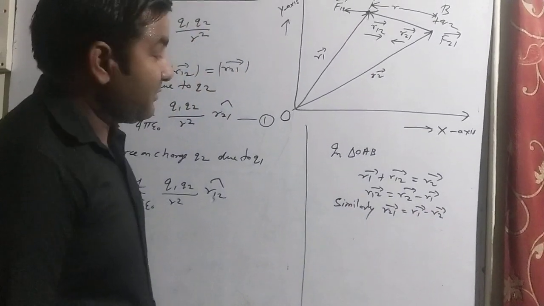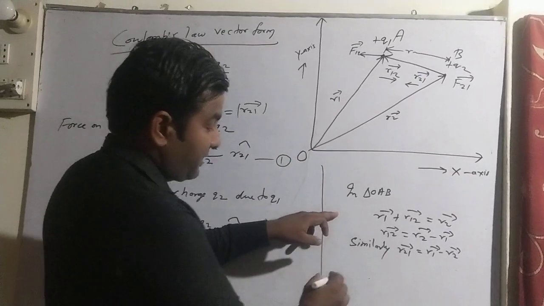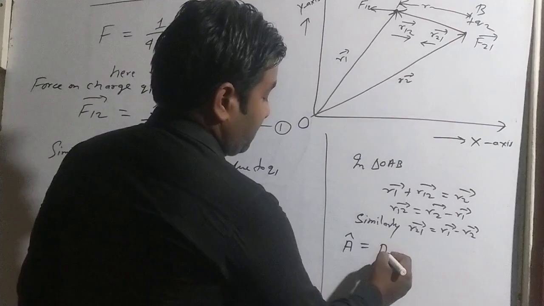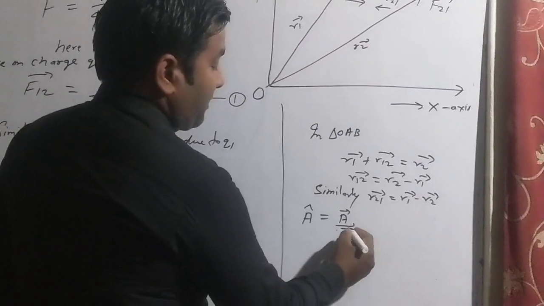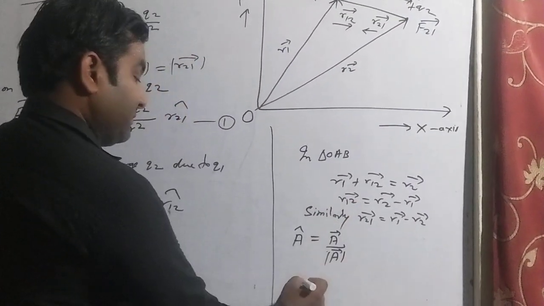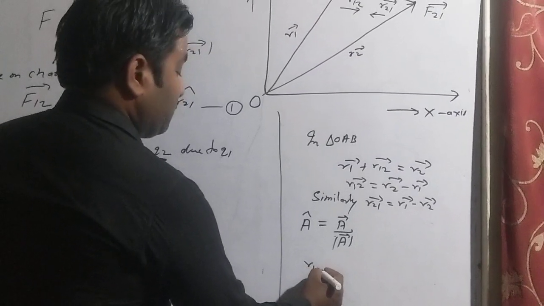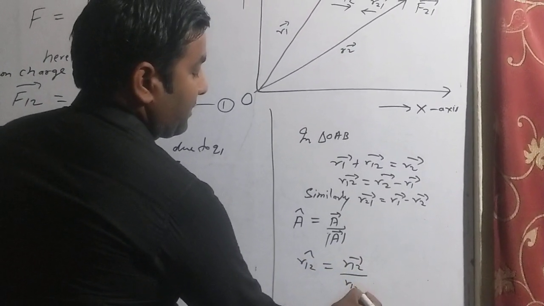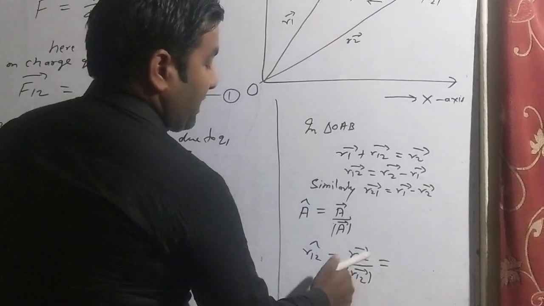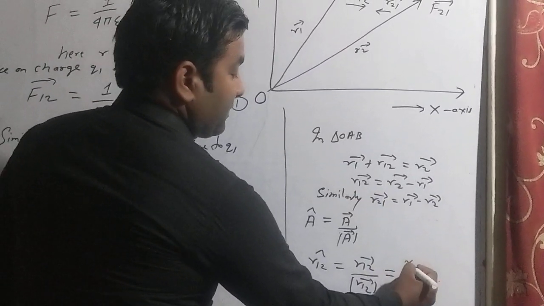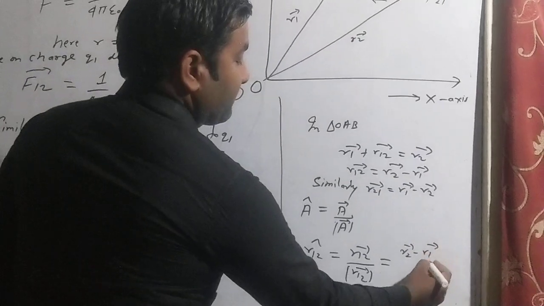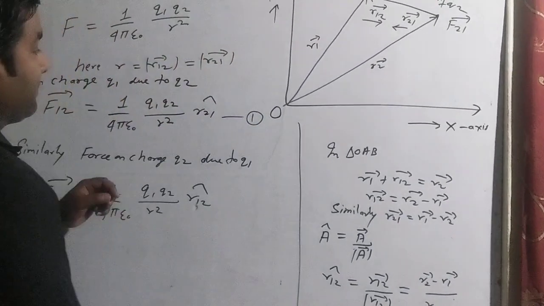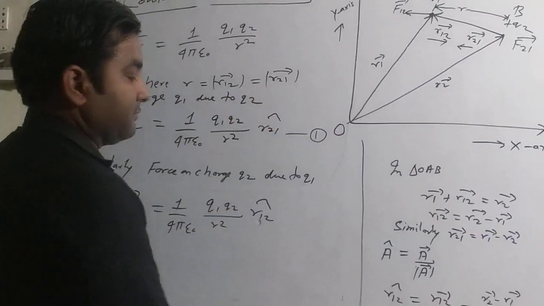We know from class 11 that for the calculation of any unit vector, it is vector A upon mod of vector A. Same here, R12 unit cap is equal to R12 vector upon mod of vector R12, that is R2 minus R1 upon mod of either R12 or R21, both having the same meaning.